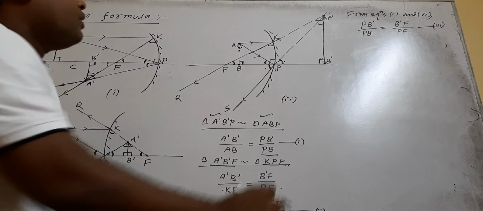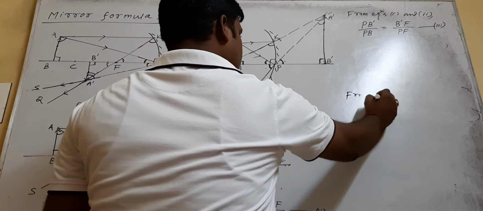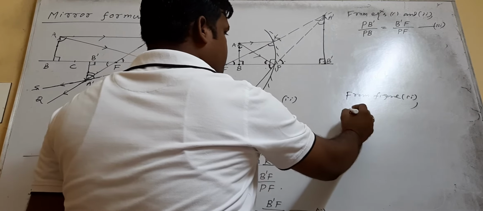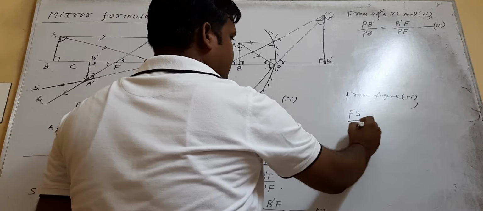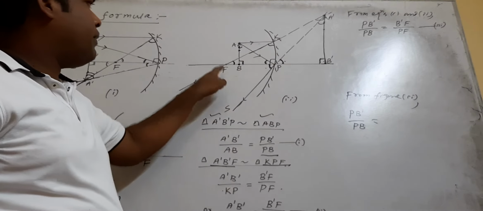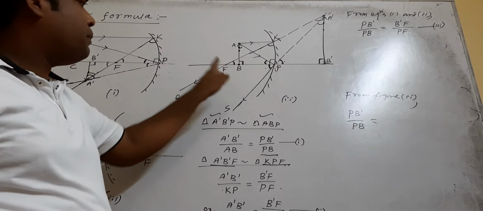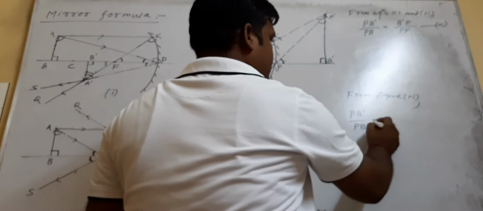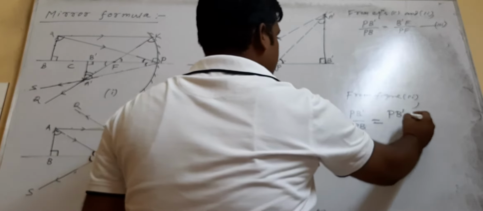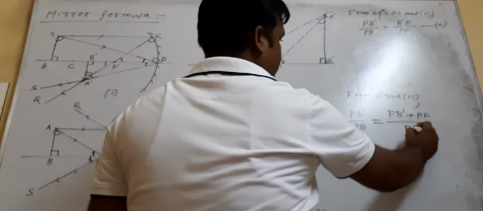So from figure 2, PB' by PP, you see here what is P'F. It is PB' plus PF. So in place of P'F, you write (PP' plus PF) divided by PF.